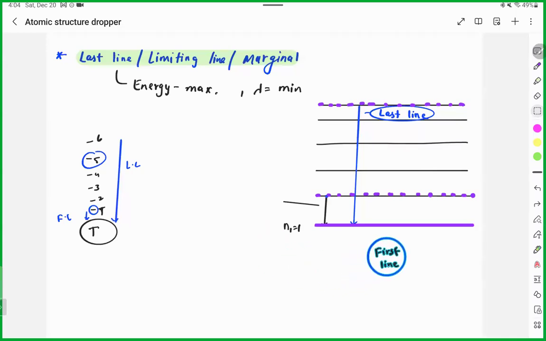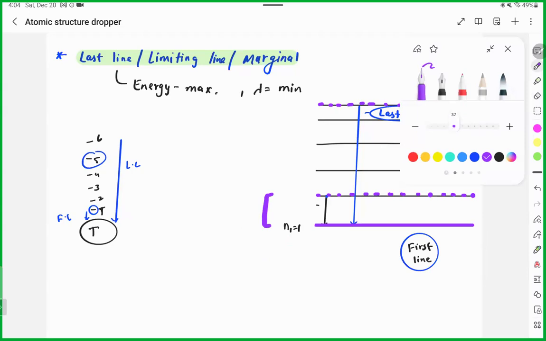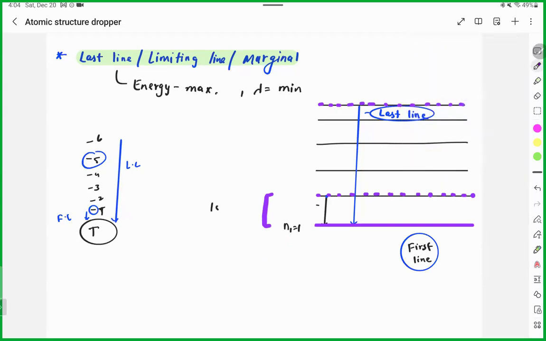You know the energy difference between these two is 10.2 electron volt, right?